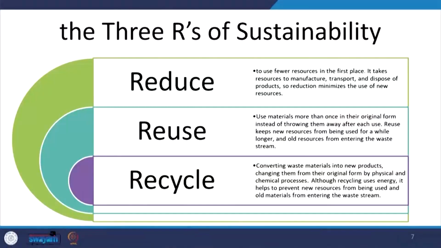Second, once we have used the resource, it can be reused in some other form. Even after reusing, when waste is generated, the third strategy comes into place, which is recycle. The waste out of the first two processes is then recycled to transform it into some other usable form, which is recycling.